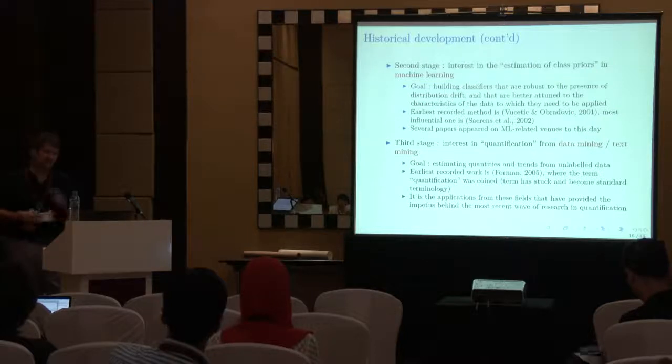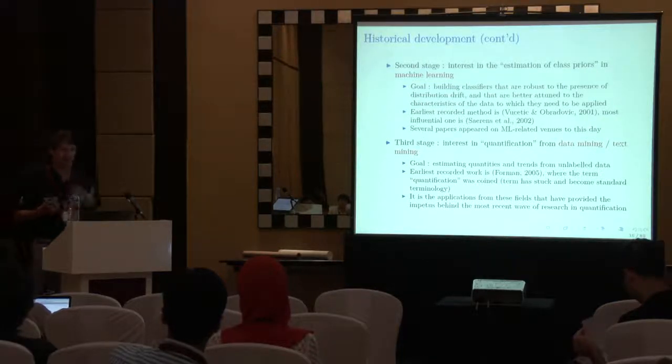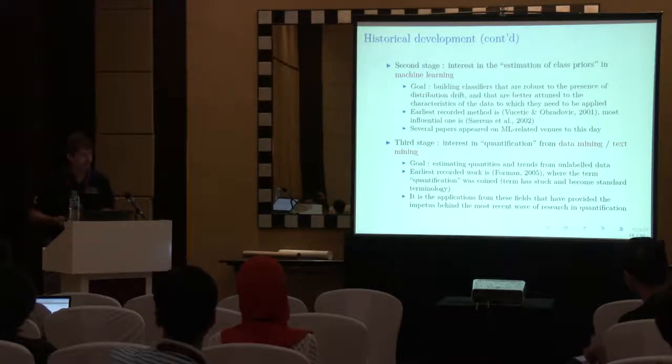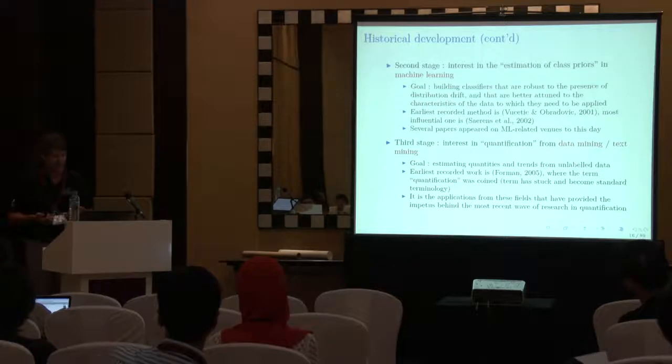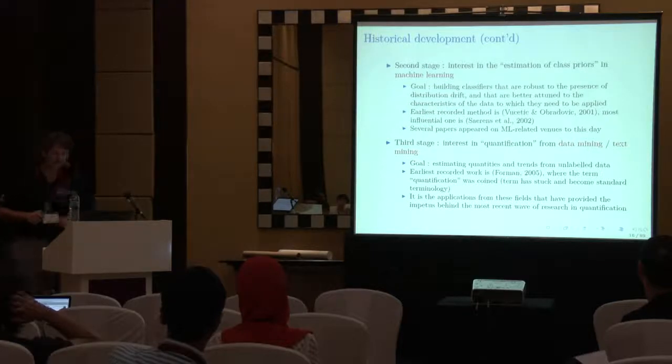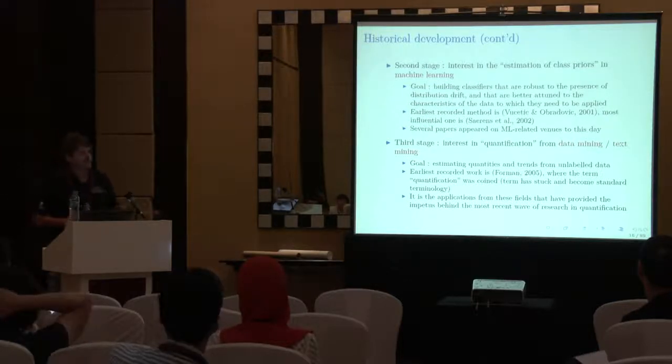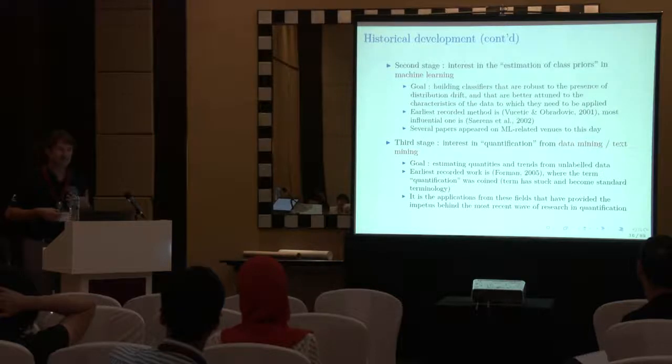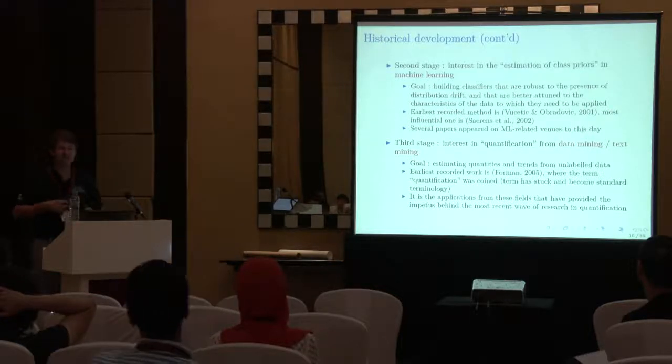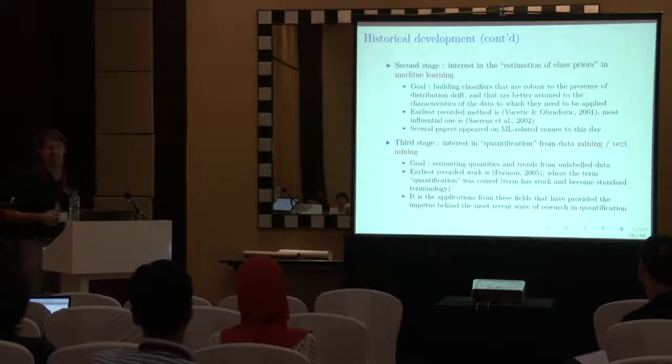So there is a second stage of quantification research, a stage in which machine learning people started to get interested in this. I speak of different stages because these three different fields, data mining, machine learning, and statistics and epidemiology, sort of discovered and rediscovered the same methods all over again, without being terribly aware of each other.